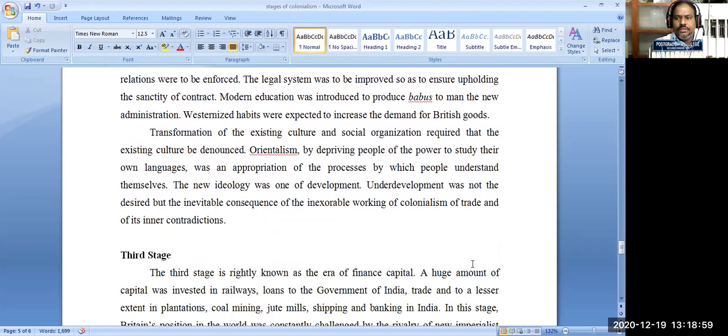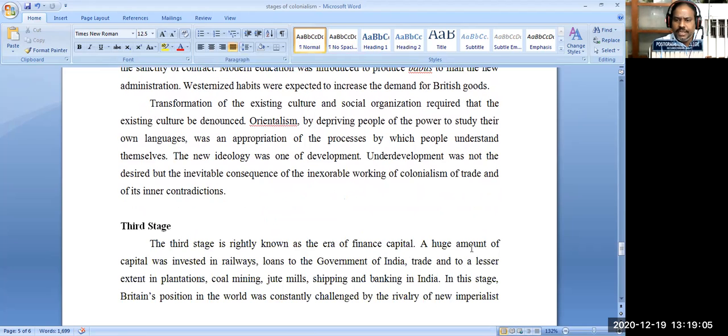The third stage of colonialism in the Indian context is rightly known as the era of financial capital, as a huge amount of capital was invested in railways, loans to the government of India, trade, and to a lesser extent in plantations, coal mining, jute mills, shipping, and banking in India.